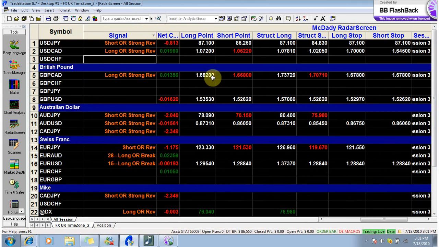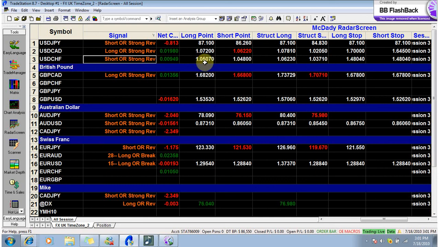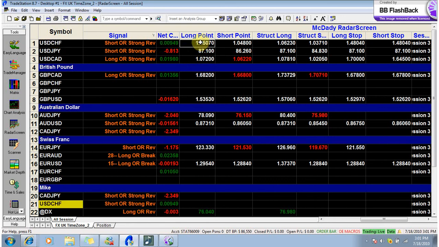We are going to go long above the 105.07, and if we do, we're going to place our stop below the 148.04. So we're risking about 30 pips on this trade.